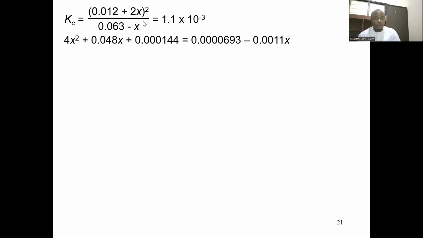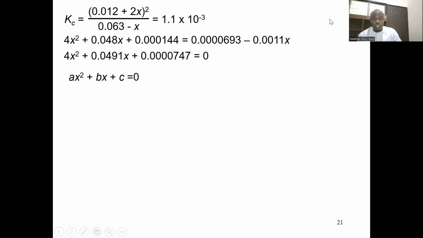How do we get this? By cross multiplication and opening the bracket. That is how we arrive at this, and we now obtain a quadratic equation.